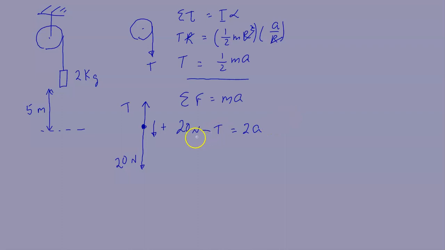And so we've got two equations now, and we have two unknowns. So we put these two equations together. We got 20 newtons minus 1/2 ma.